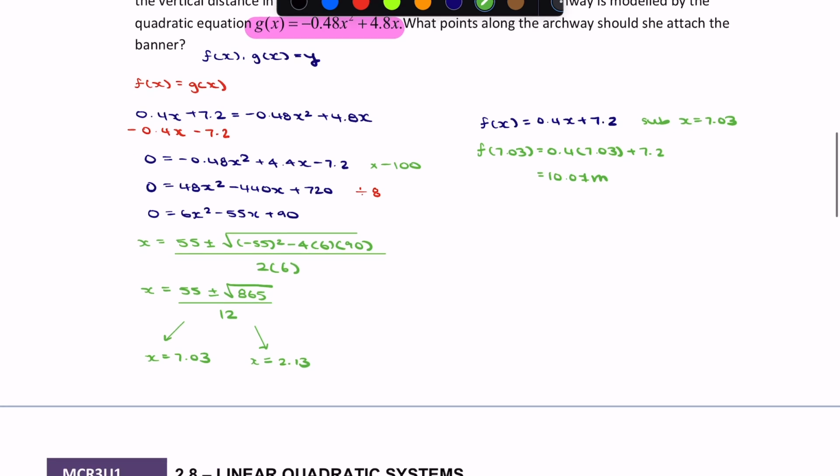And then we'll also sub x is equal to 2.13. So we'll get f of 2.13 is equal to 0.4 times 2.13 plus 7.2, which is equal to 8.05 meters.